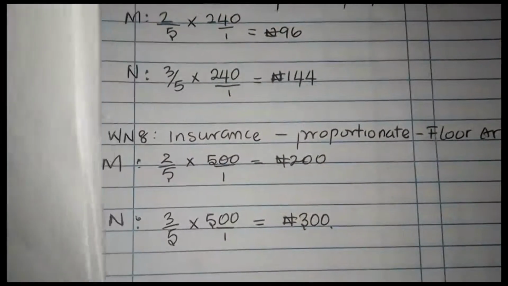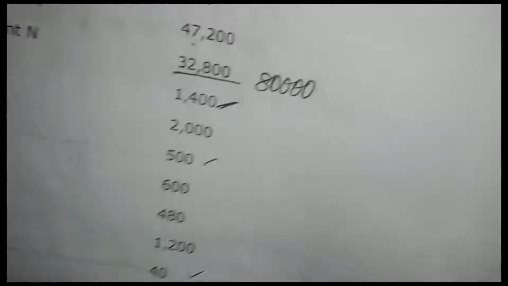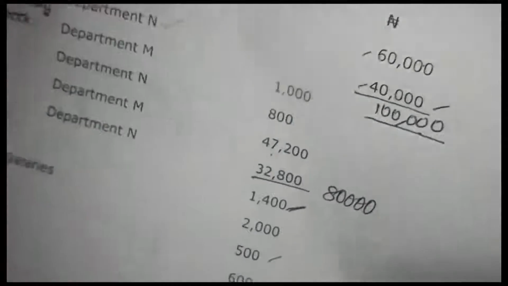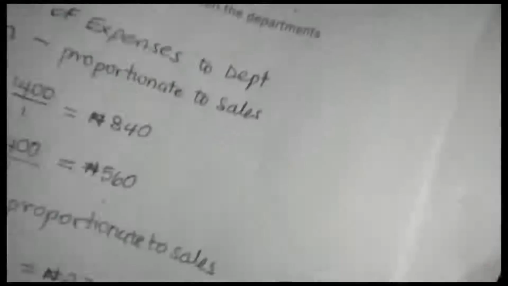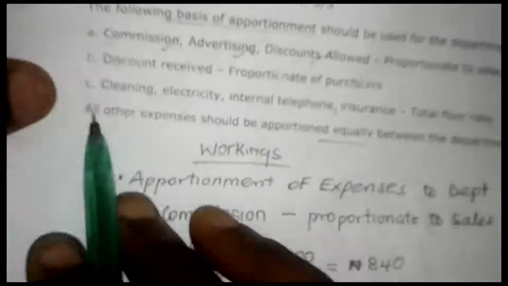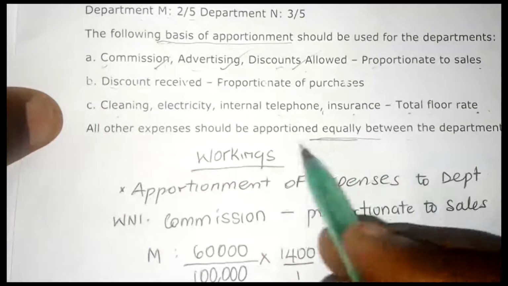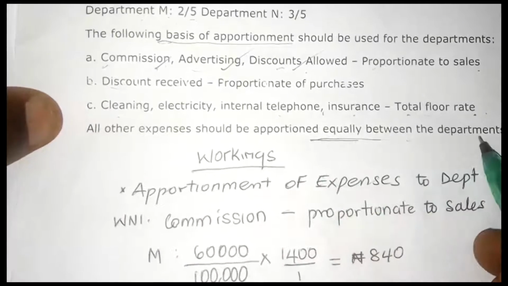Now the other ones I will just advise you, look at the other ones. All other expenses are to be apportioned equally between the departments.